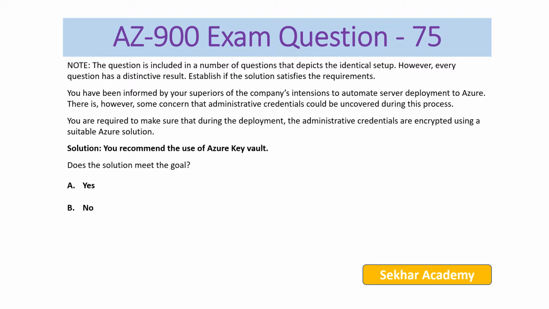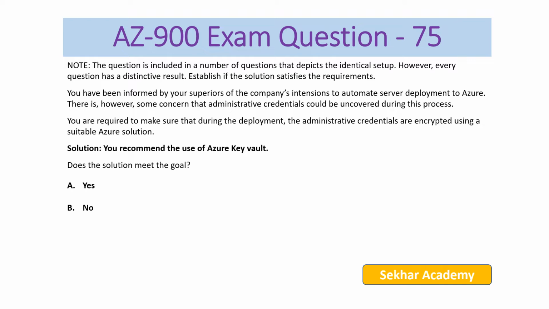AZ-900 exam question number 75. The question is the same and the provided solution is here: you recommend the use of Azure Key Vault. Azure Key Vault is a cloud service for securing, storing and accessing secrets. A secret is anything that you want to tightly control access to, such as API keys, passwords, certificates or cryptography keys.